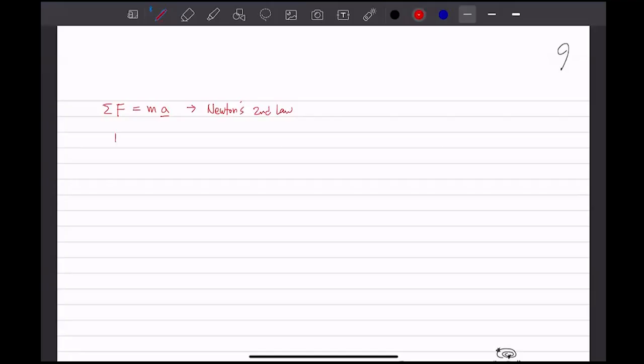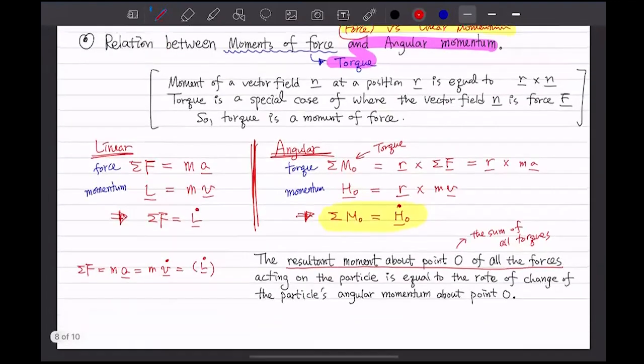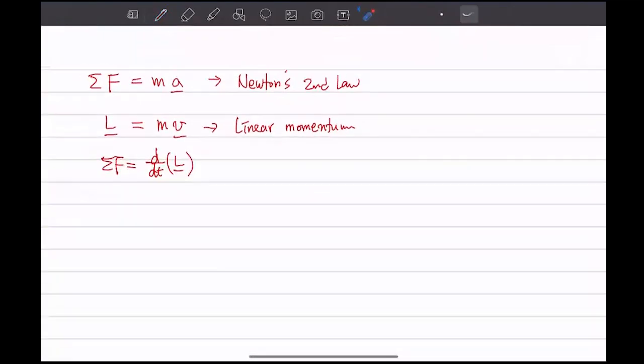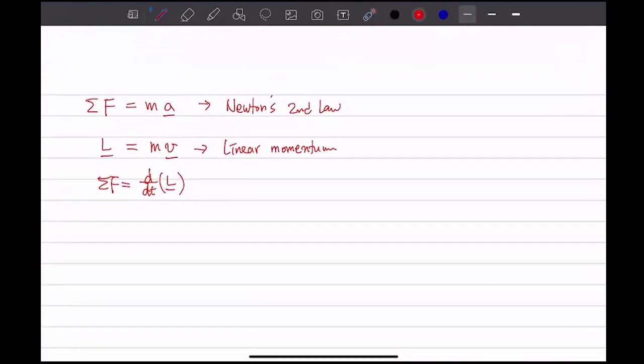And what else did we get? We also had L, the linear momentum, is mv. That's just linear momentum, right? And I just showed you that F is d/dt of L, just this from the previous page. Let me write that down like this here.